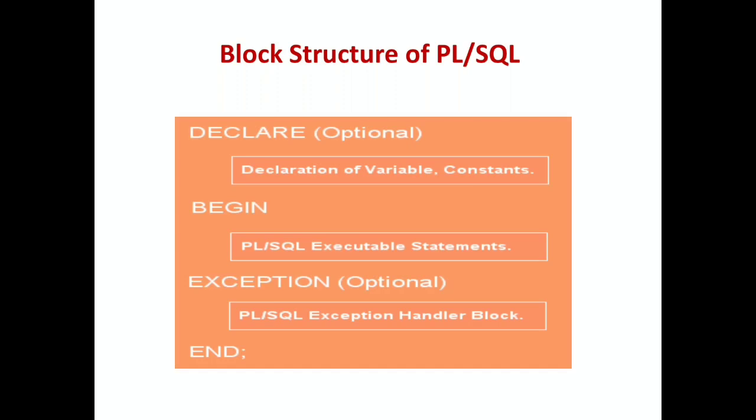Optional means if you have not written it, the program can still work. This declare part contains the declaration of variables, constants, or assigning values to variables. Means if you want to use three variables, then you can declare those variables in the declare section.